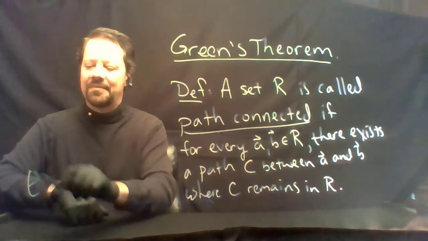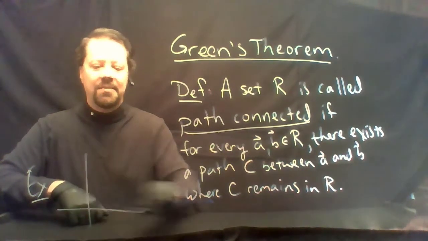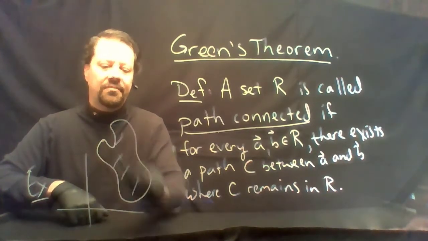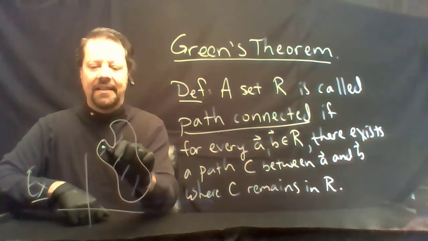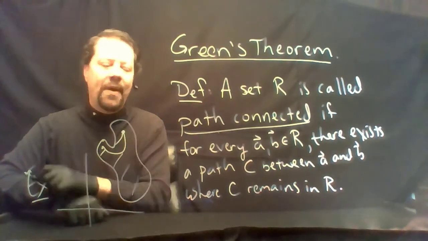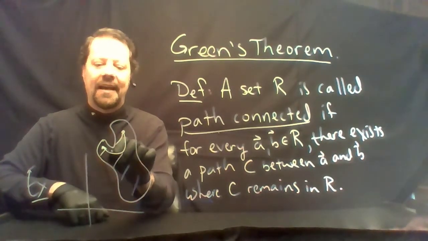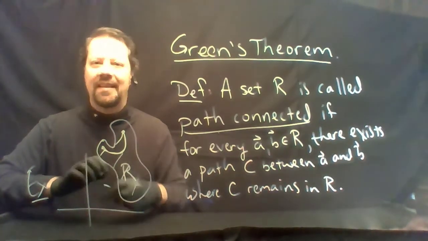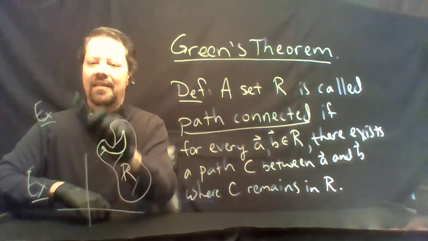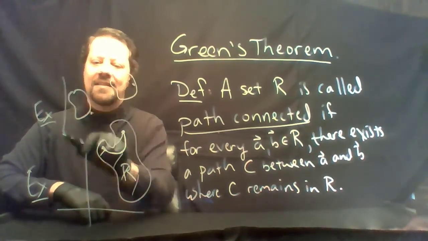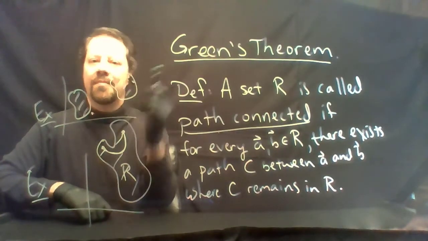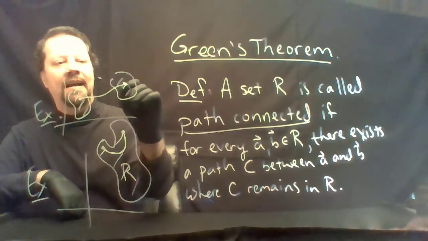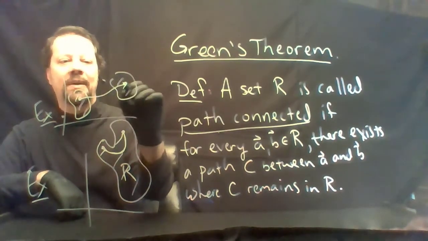So, for example, suppose I give you a set maybe that looks like this. This set is path connected because between every 2 points you can find a path, and the path stays within the set R. However, a set like this is not path connected because you can find 2 points and no path between those 2 points stays within the set.